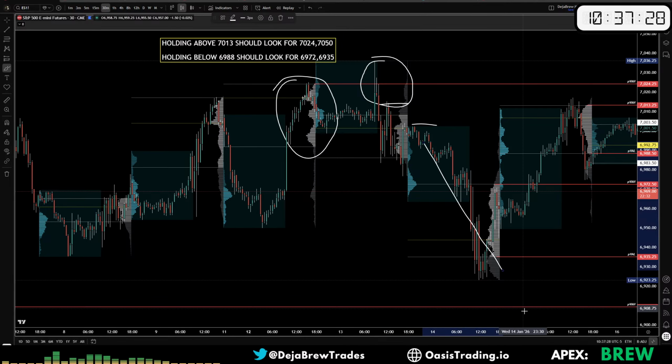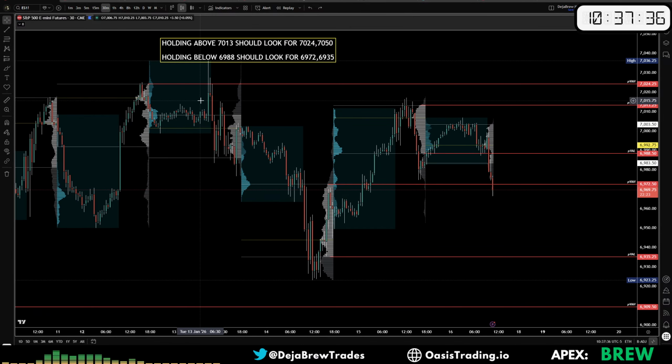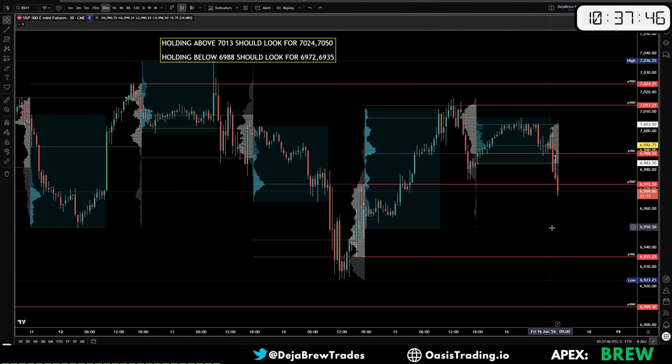Lower high, nuked. Now, the difference with Tuesday is it actually did make a higher high, but then it had a really nasty sweep. Yeah, very similar. Putting in those lower highs and just coming right back down.